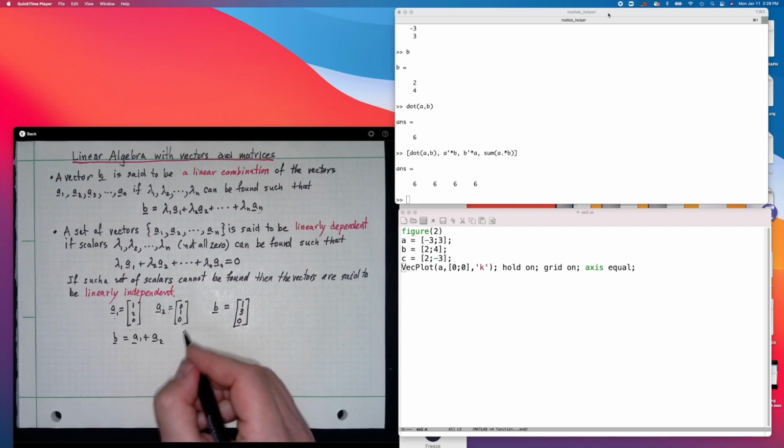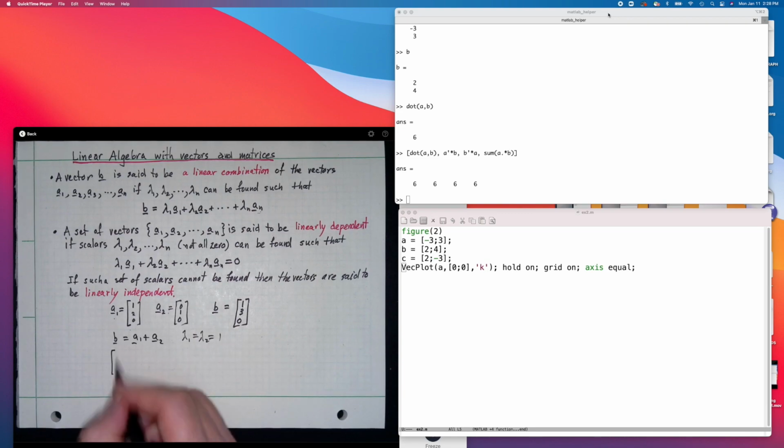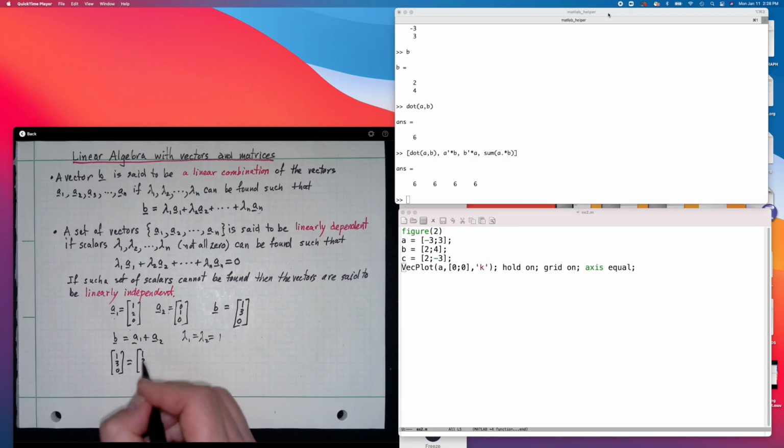So the two scalars are lambda 1 equals lambda 2 equals 1. We can verify: 1, 3, 0 is equal to 1, 2, 0 plus 0, 1, 0. So this is an example.